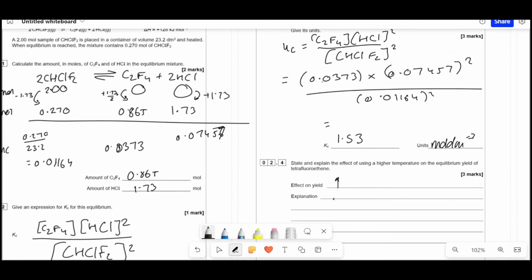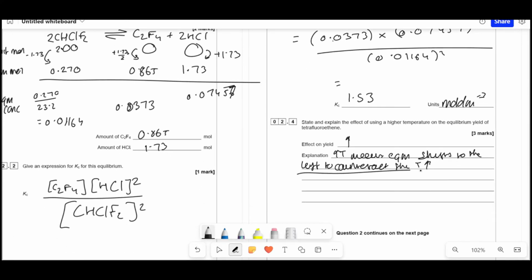So the explanation why: increasing the temperature means equilibrium shifts to the left, but that doesn't say how. You need to say it shifts to the left to counteract the temperature increase, by moving in the endothermic direction to absorb the extra heat.